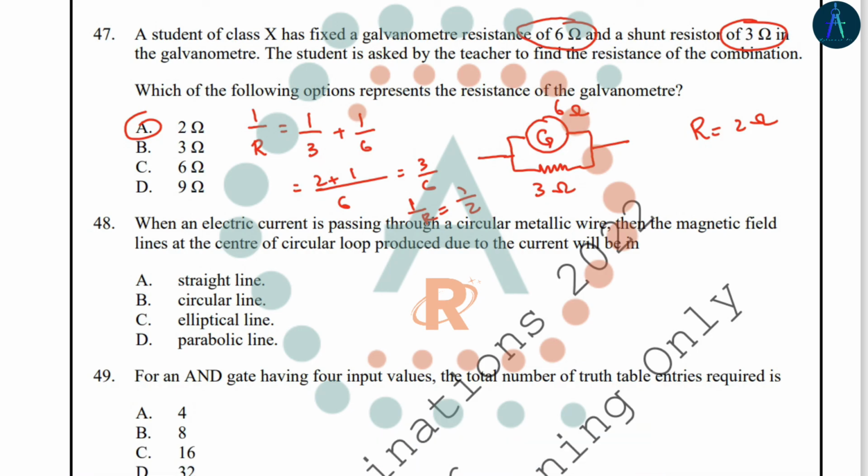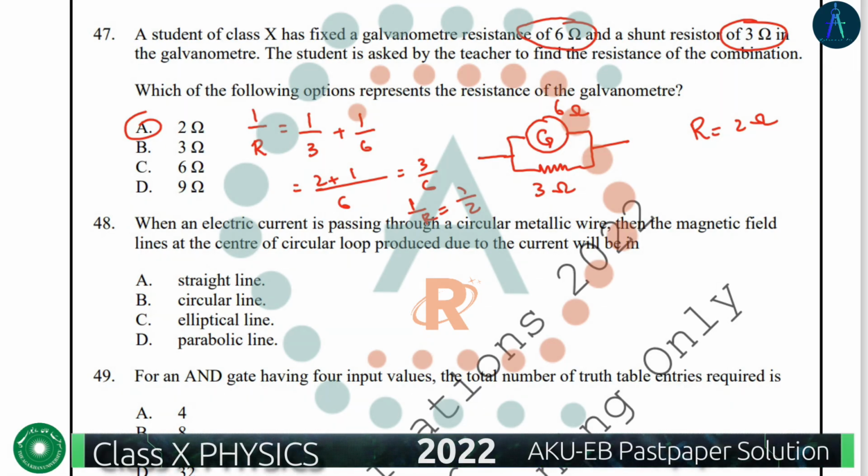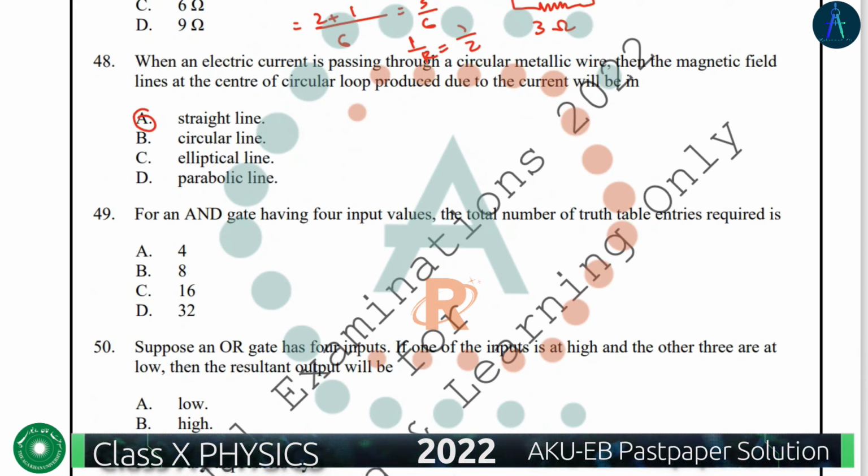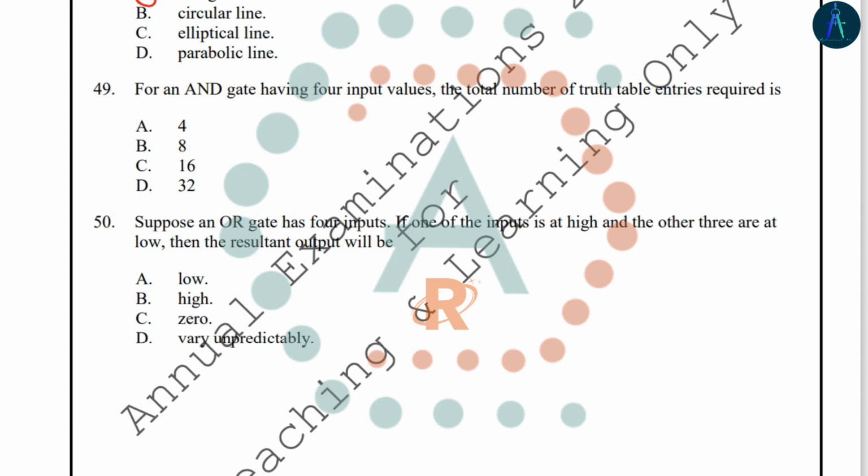When electric current is passing through a circular metallic wire, the magnetic field lines at the center of the loop due to the current will be in the form of straight line. So the option A is the right answer. Then we have 49 and 50.